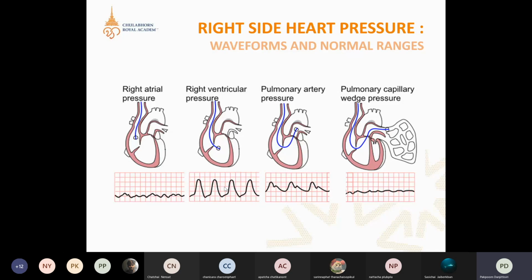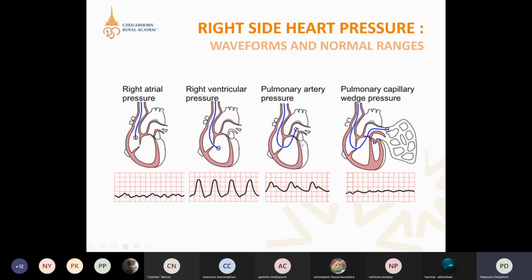After the cardiac catheter goes to the pulmonary artery, the pressure will look similar to the aortic pressure, but definitely lower.